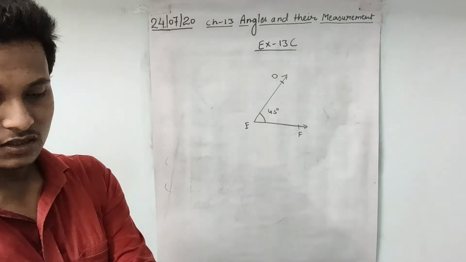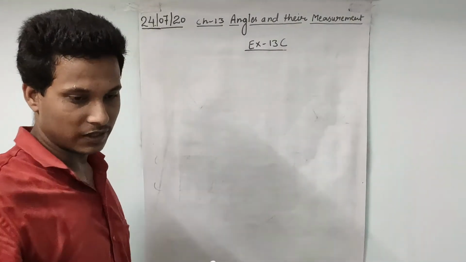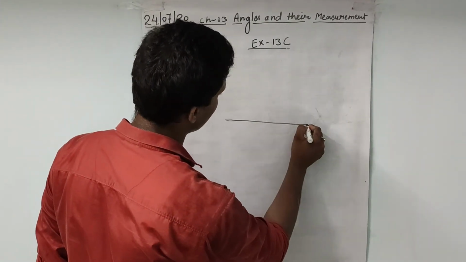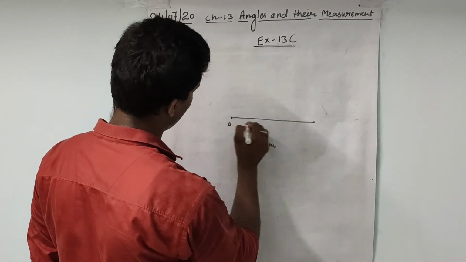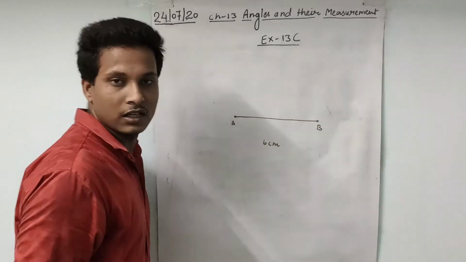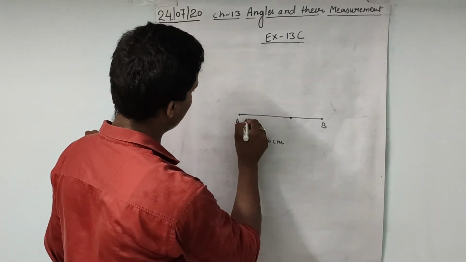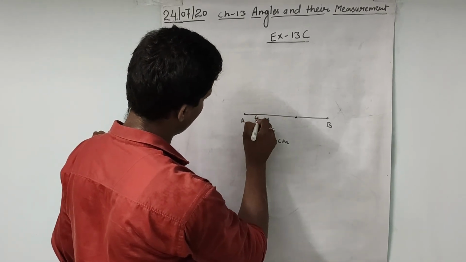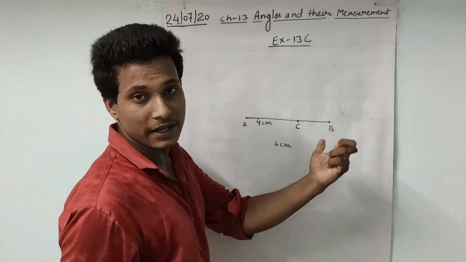The last and the most important question of this exercise: draw a line segment AB. With the help of a ruler, you can draw a line segment AB of 6 cm. After that, you need to take a point 4 cm from A, point C, on the same line which you have drawn.